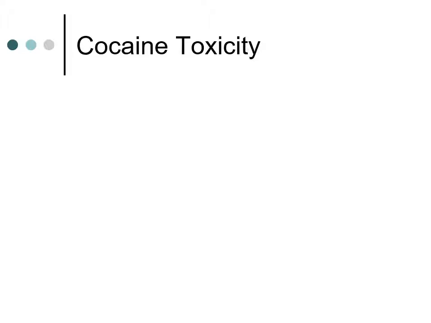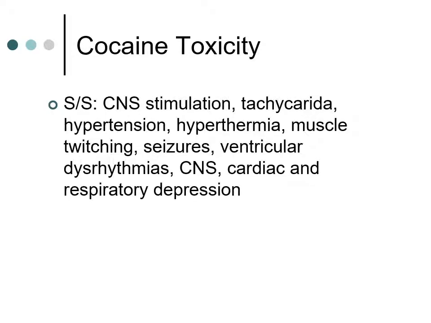Cocaine has a relatively short half-life in comparison to some of these other substances here, so try to support them. Cool them down if they're hyperthermic. Give them lots of fluids, and then if need be, treat seizures with things like benzodiazepines, maybe even phenobarb if that's treatment resistant. And then from the cardiac standpoint, for the hypertension and tachycardia, some people will recommend never giving a beta blocker to someone who's cocaine toxic.